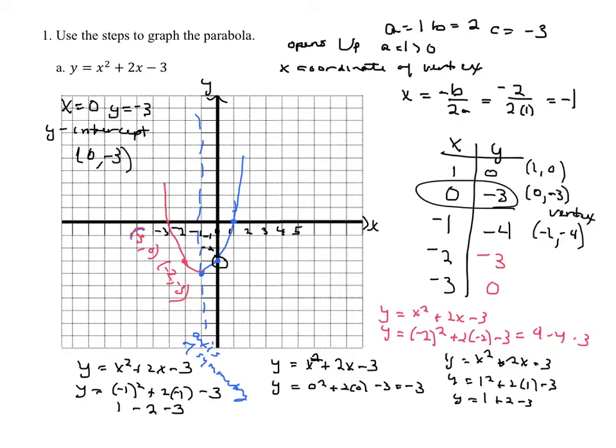Now, if I talk about where it crosses the x-axis, it actually crosses in 2 spots. And that's if you set y equal to 0. So if I set y equals 0 in this equation, and I factor it, I get x equals -3 and x equals 1.